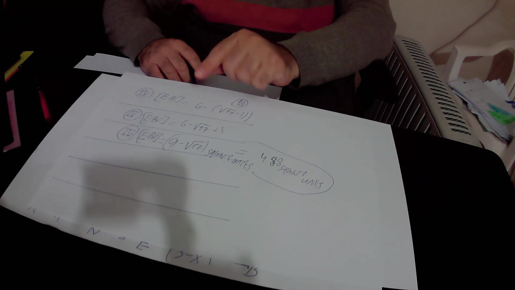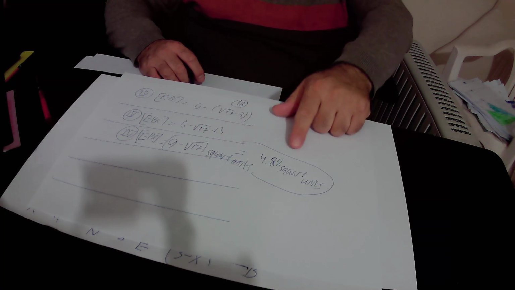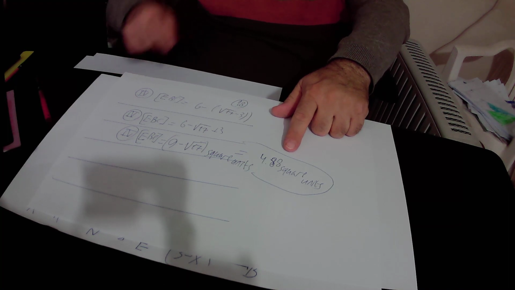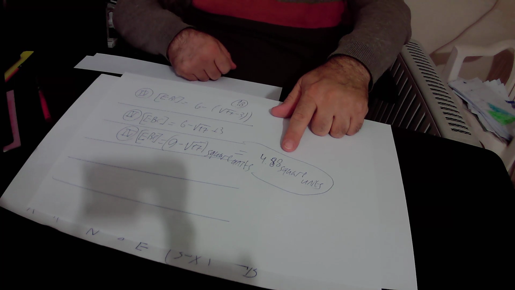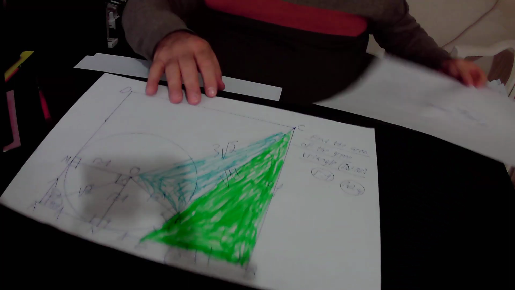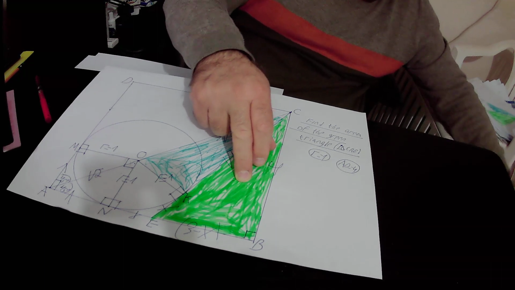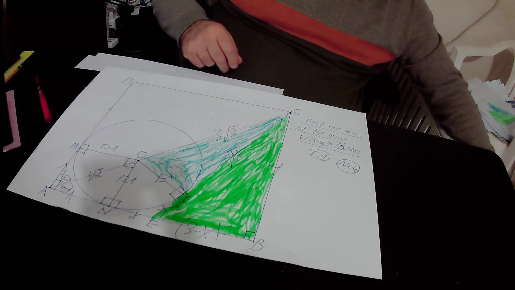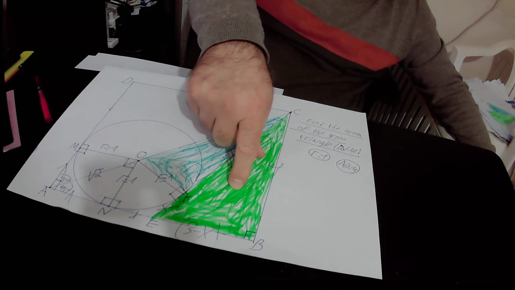We found out that the area of the green right triangle EBC equals either 9 minus the square root of 17 square units, or in terms of numbers, 4.88 square units.